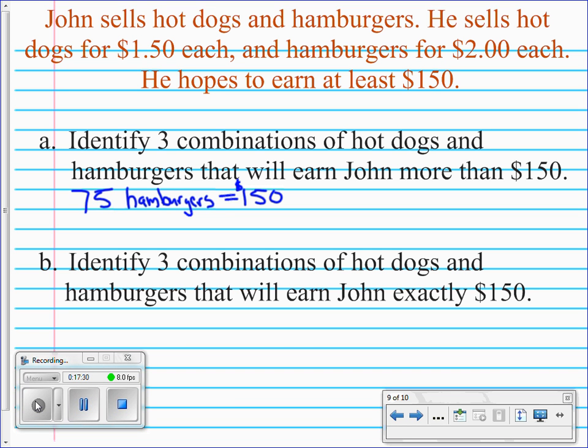And if he wants to make more than $150, that means he would only need to sell 1 hot dog. That would be an extra $1.50, totaling him $151.50, earning him more than $150.